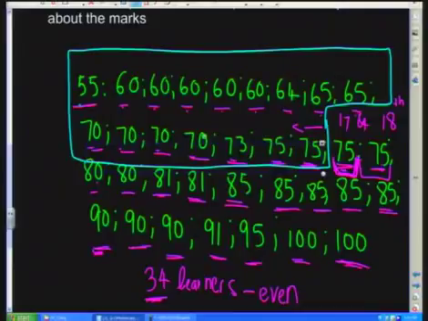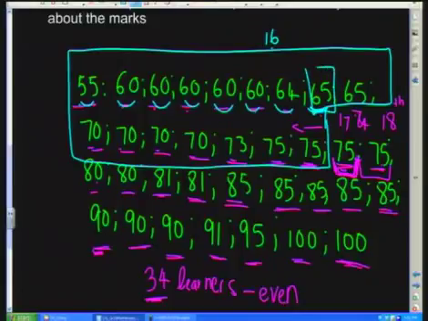So there we know that there's 16 numbers there. We then need to divide that by 2 to give us an idea of where our middle point is going to be. So 16 divided by 2 is 8. So I've got 1, 2, 3, 4, 5, 6, 7, 8. So that's my 8th place.